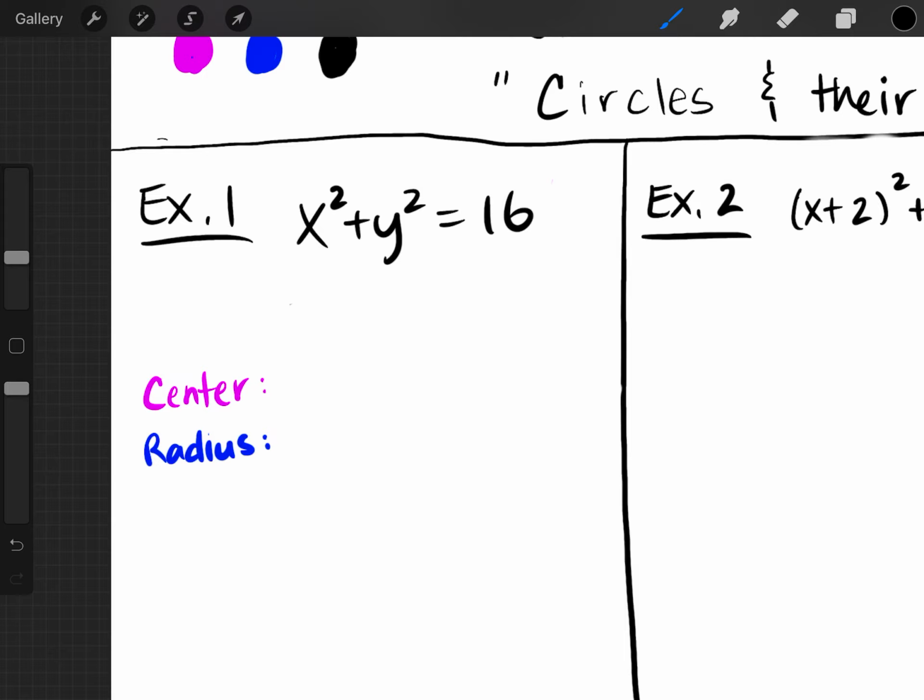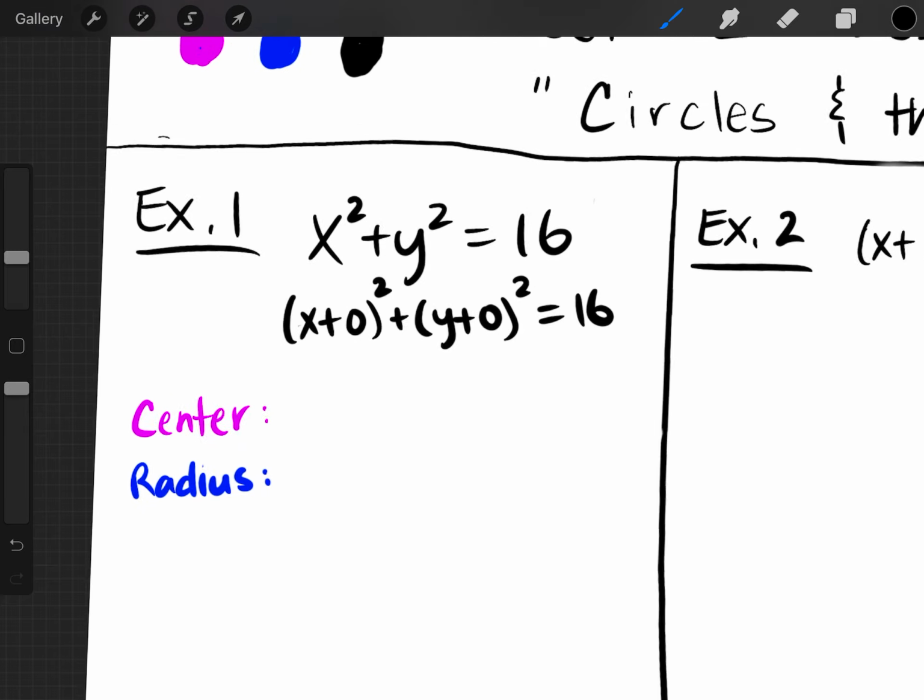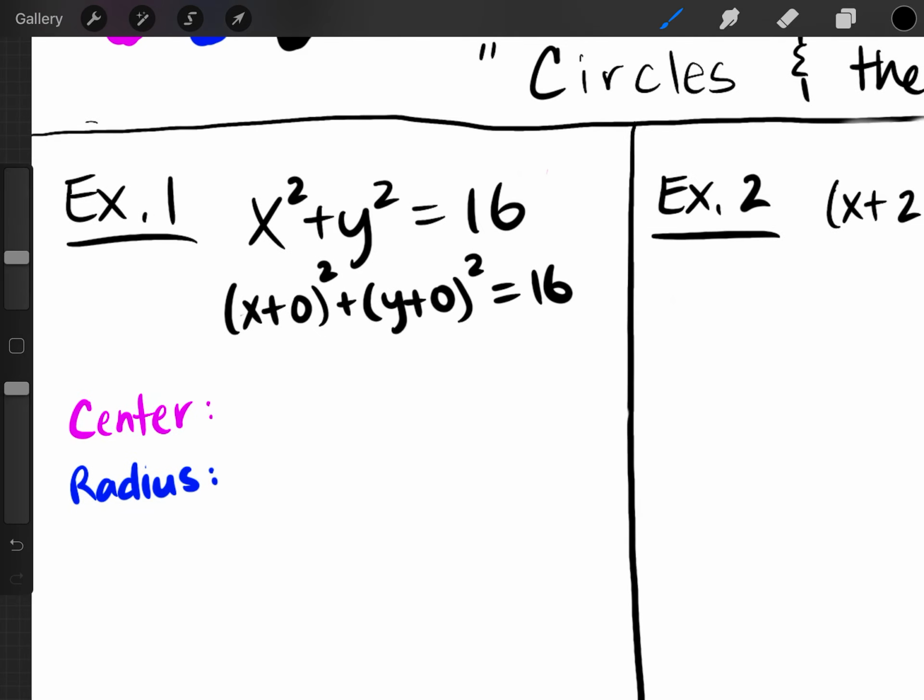Looking at this, we got x squared plus y squared equals 16. Again, from that, I'm telling you, we know what the center is, we know what the radius is. One way that we can think of this is we can add something in here. X squared, we can represent as x plus 0 squared. Same thing with y squared: y plus 0 squared. So we've changed nothing about our equation.